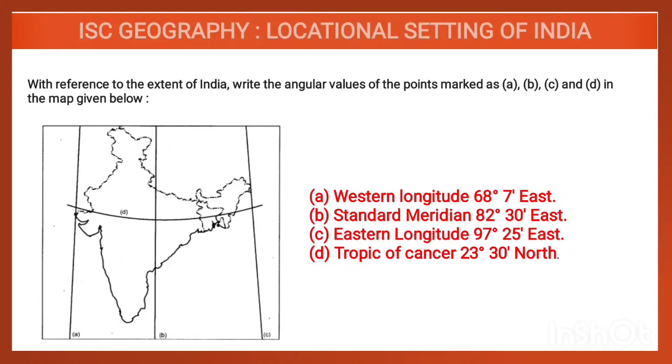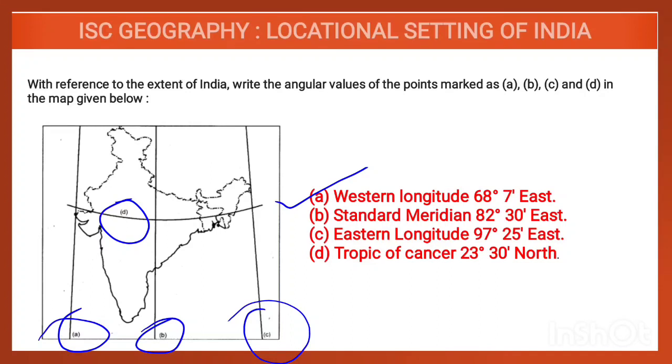With reference to the extent of India, write the angular value of the points marked A, B, C, D in the given map. A is here, B is here, this one is D, and C is here. So this one is your westernmost point, so you have to write down the western longitude, which is 68 degrees 7 minutes east.